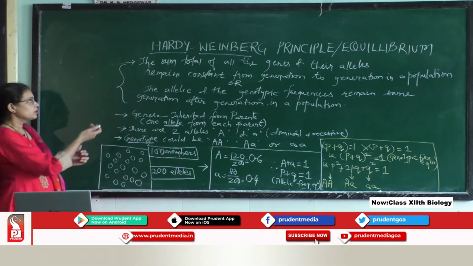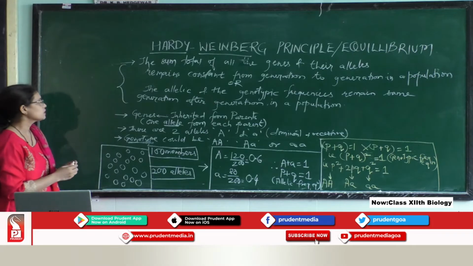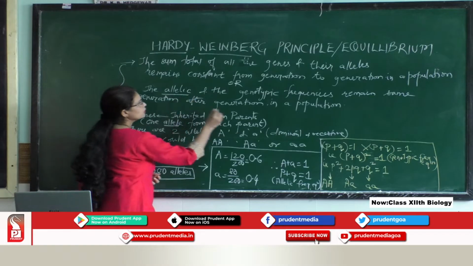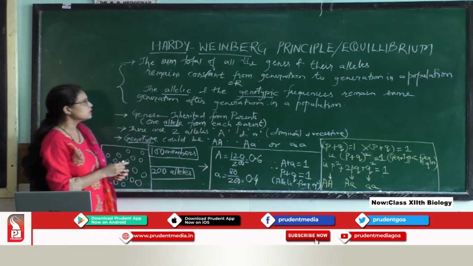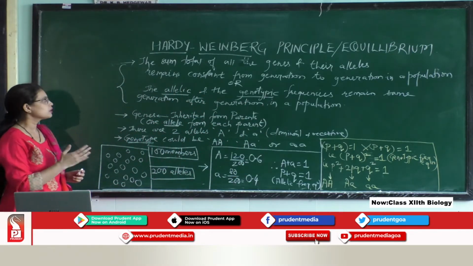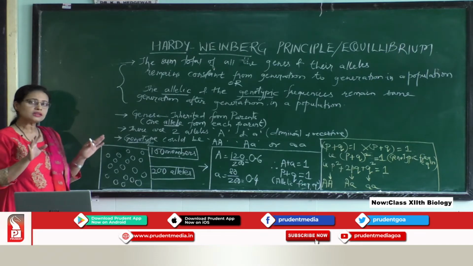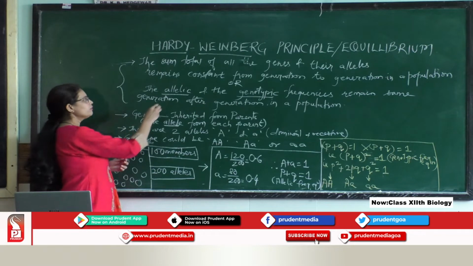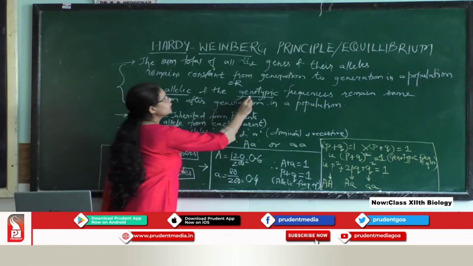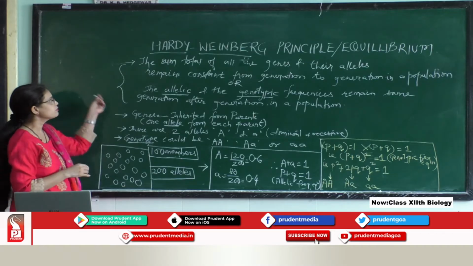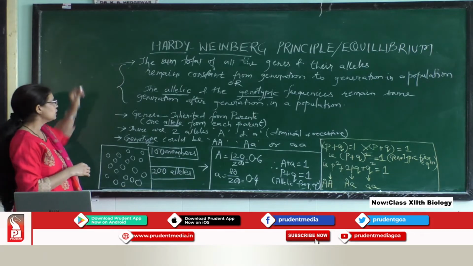Or you can modify the statement and say the allelic and the genotypic frequency remains the same generation after generation in a population. You will understand this statement very well only when you know the meaning of allelic and genotypic frequency. So let us understand this first and then we will come back to this statement.